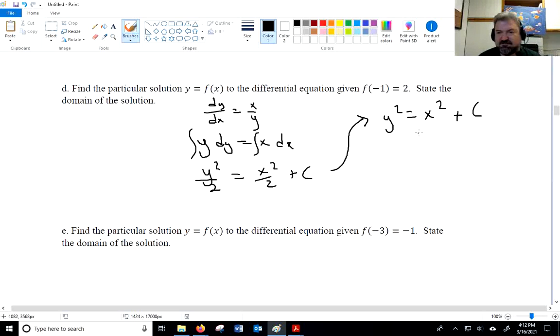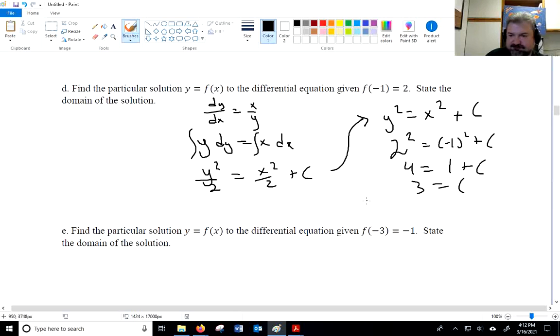Well, that's just a c. Plug in a negative 1 for x and a 2 for y. So 4 is equal to 1 plus c. So 3 equals c. So y squared is equal to x squared plus 3. That's our answer there.